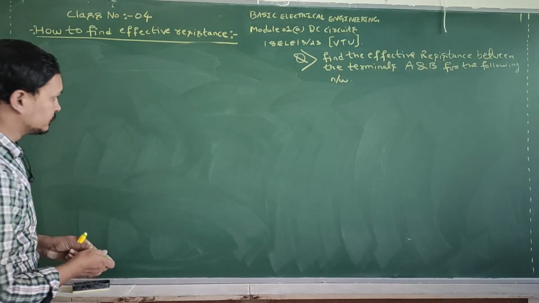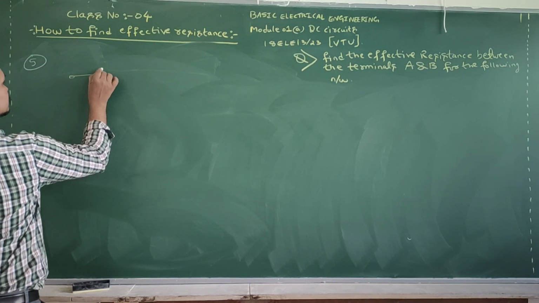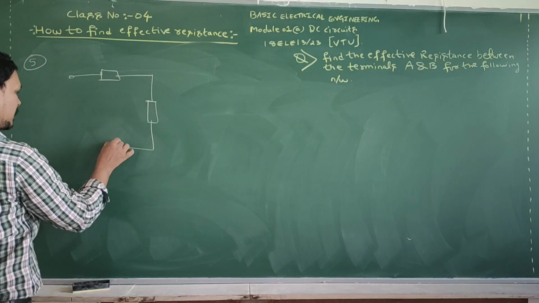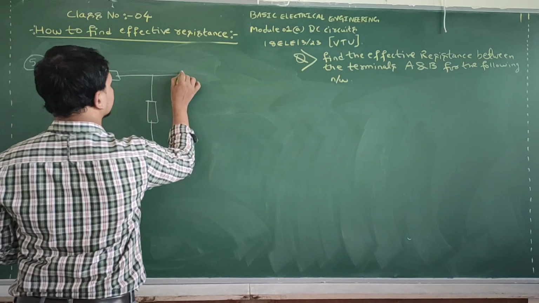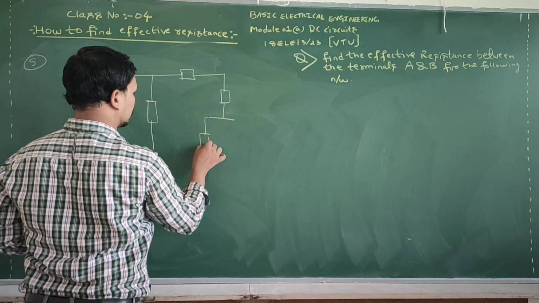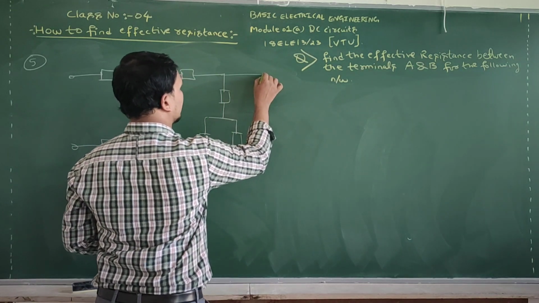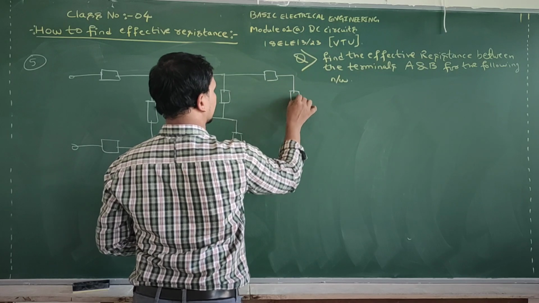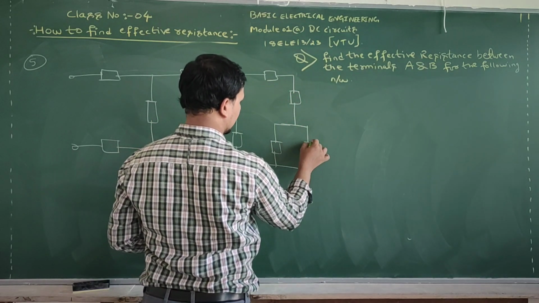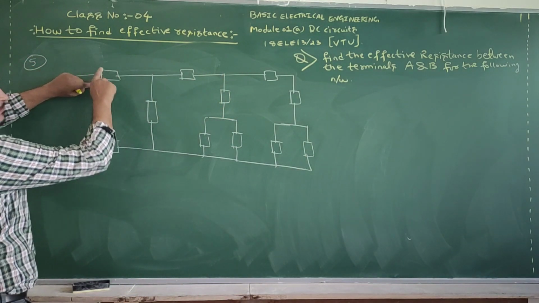Okay, now take the next problem. Question number 5. Similar problem I will give. See, once you are familiar with this type of problem, you can easily find whatever you require.